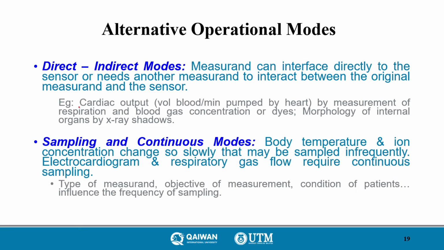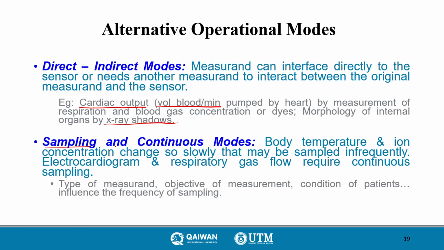For example, the cardiac output, the blood volume per minute pumped by the heart, cannot be measured directly. So it is measured by using an equation that links the cardiac output to the heart rate, blood pressure, and other types of indirect measurements.